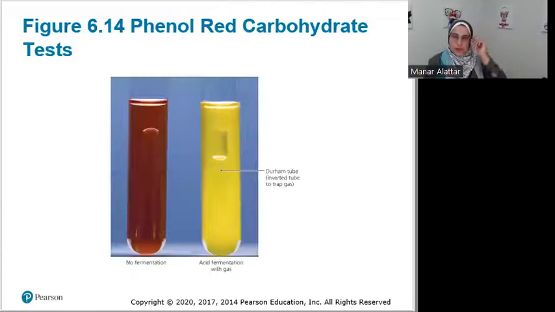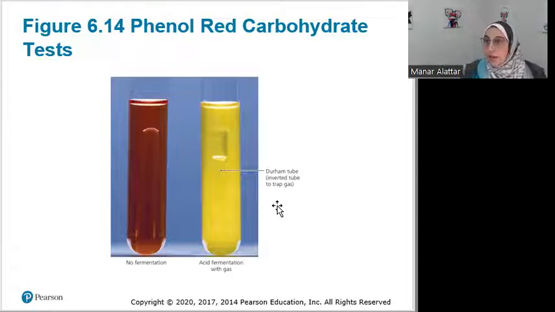Another example of differential media are the phenol red carbohydrate broths that we're going to use in our lab. And so it's very indicative of a microorganism, what sugars they tend to use in their metabolism. So we can have complex media that grows many types of microorganisms, but has specific sugars in there, okay? And those specific sugars will be fermented.